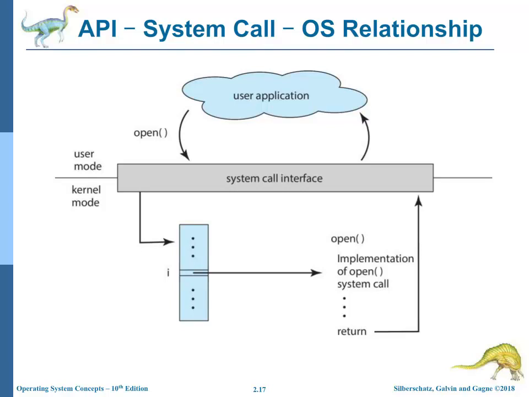From the kernel designer's point of view, the distinction is obviously very significant. This figure shows how the operating system handles a user application invoking the open system call. Open is a system call used to provide access to a file in a file system.